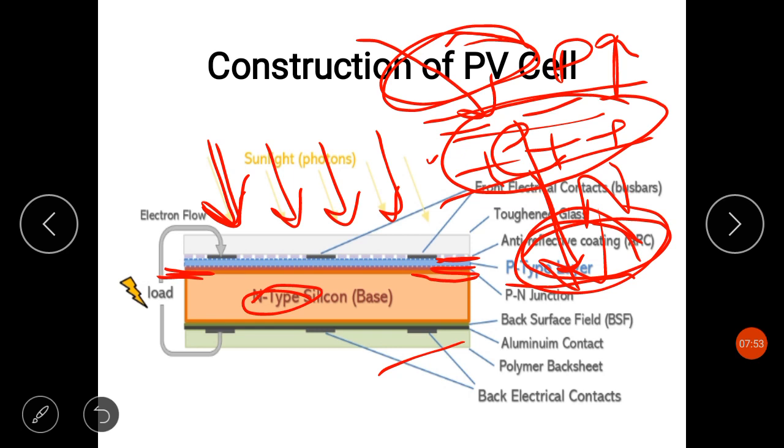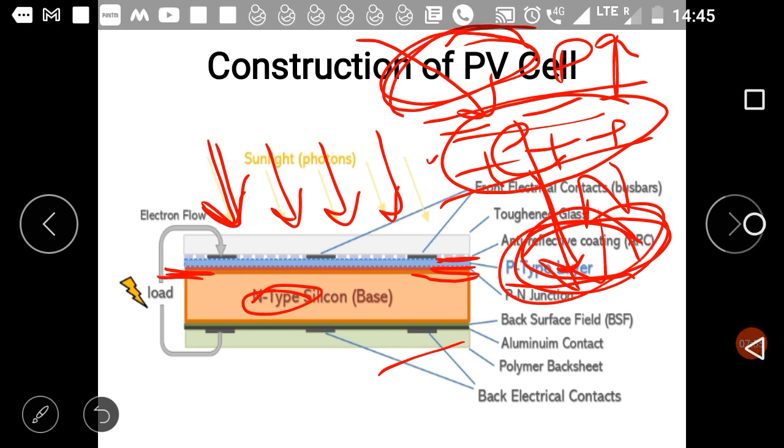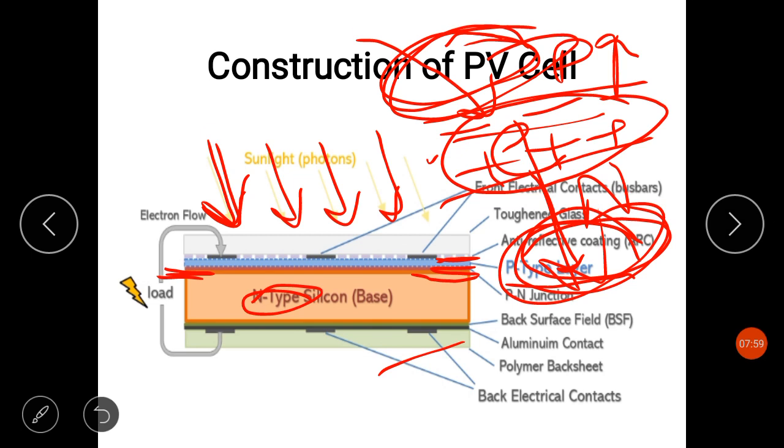So extra electrons are present in the n side and extra holes in the p side, therefore a voltage is set up which is known as photovoltage. And if we connect a small load, like here a small load has been connected from p to n, across the junction, there will be a tiny current flowing through this wire.